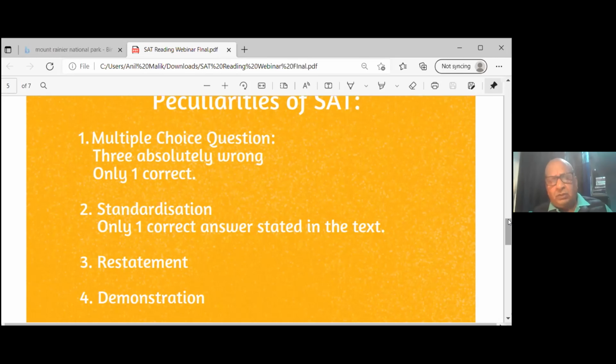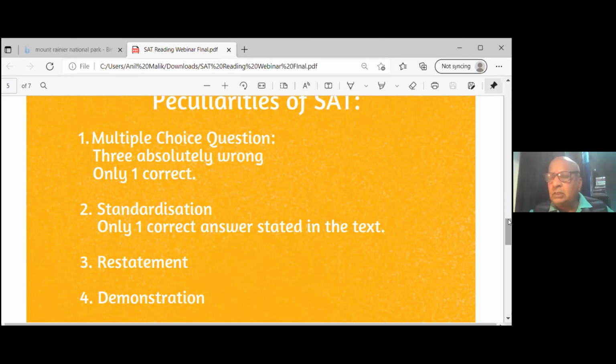See why. When the guy at College Board makes this paper, he is duty bound to prepare a question and give you 4 answer choices. Of these, 3 are absolutely wrong and 1 is absolutely right. He needs to actually prove to his team that this answer is without doubt the right answer. In such a situation, there is no question of interpretation, because an interpretation will always be different.